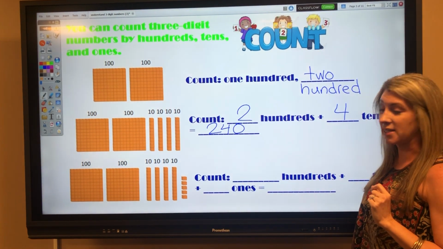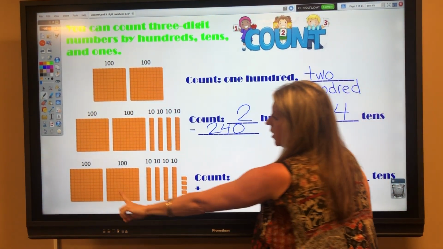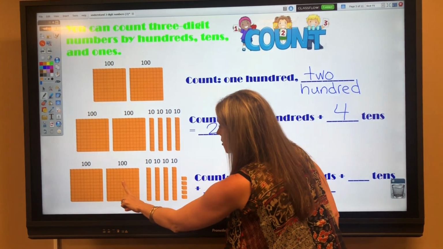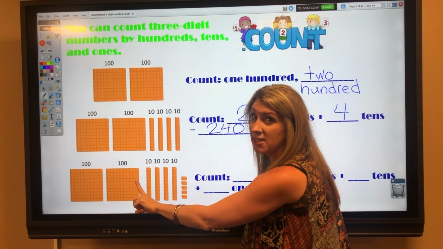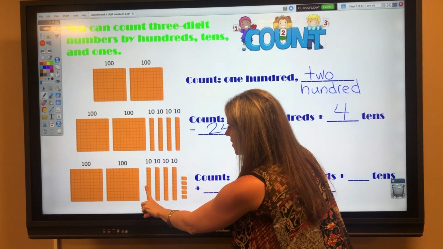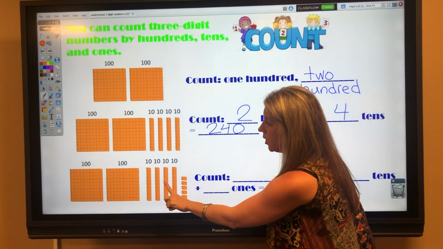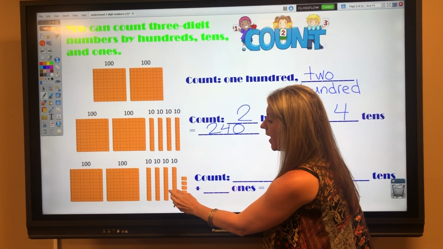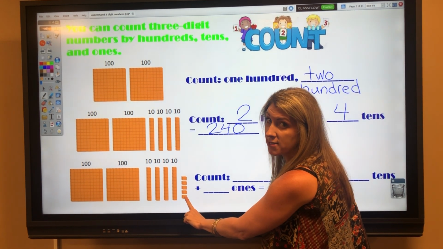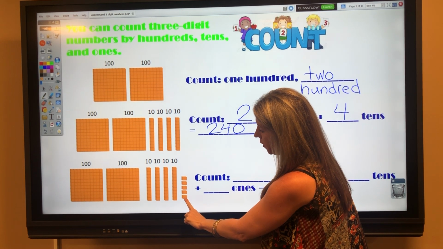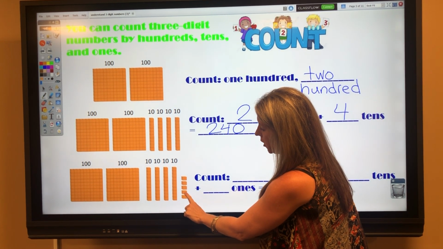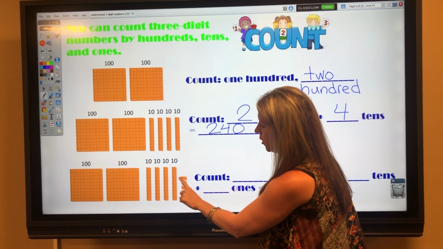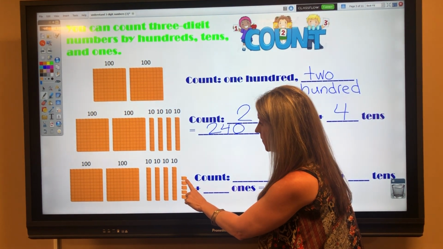Let's try one more together. We still have 200 flats, 100, 200, and let's continue counting. 210, 220, 230, 240. Now we have to skip and add ones to that. 241, 242, 243, 244, 245.